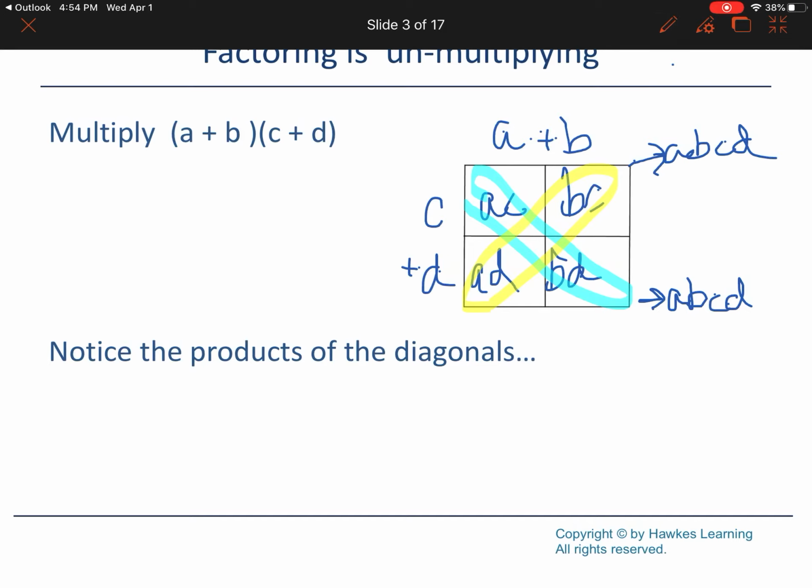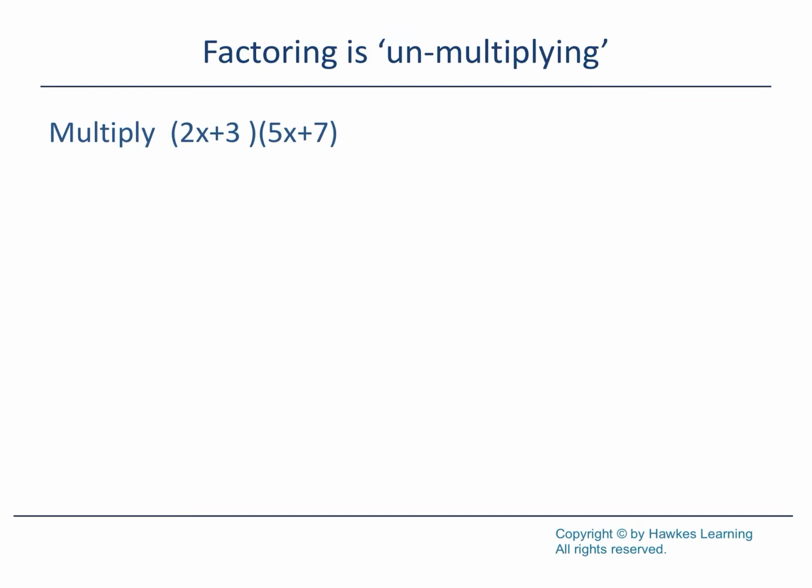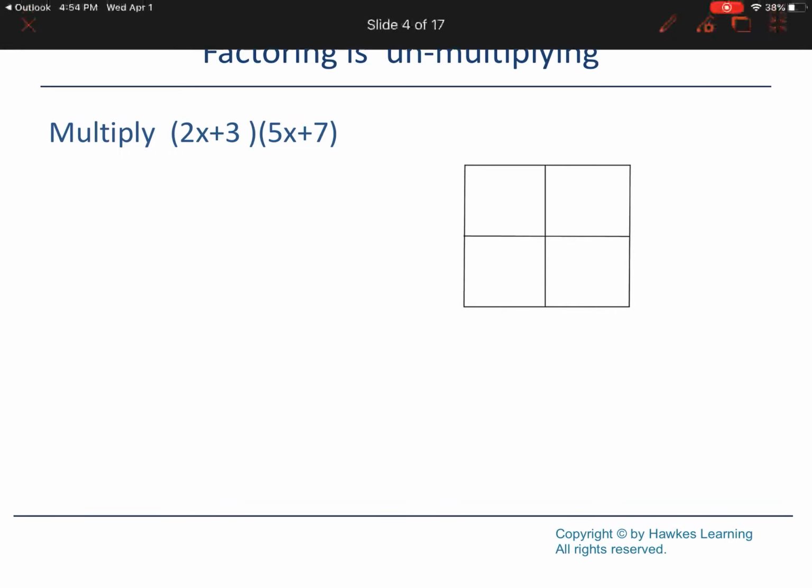Now, let's do it with numbers, because that's more likely what we're going to do, right? So here are two factors being multiplied together, 2x plus 3 and 5x plus 7.